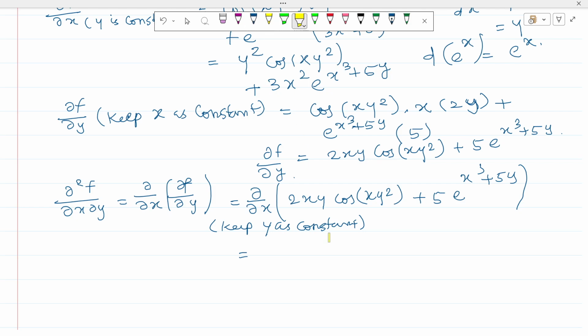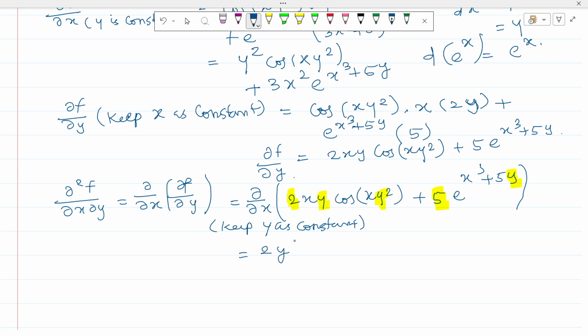This is the constant term, 2 is the constant one. So this y is constant, the other values are variables. Now we can differentiate this with respect to x.